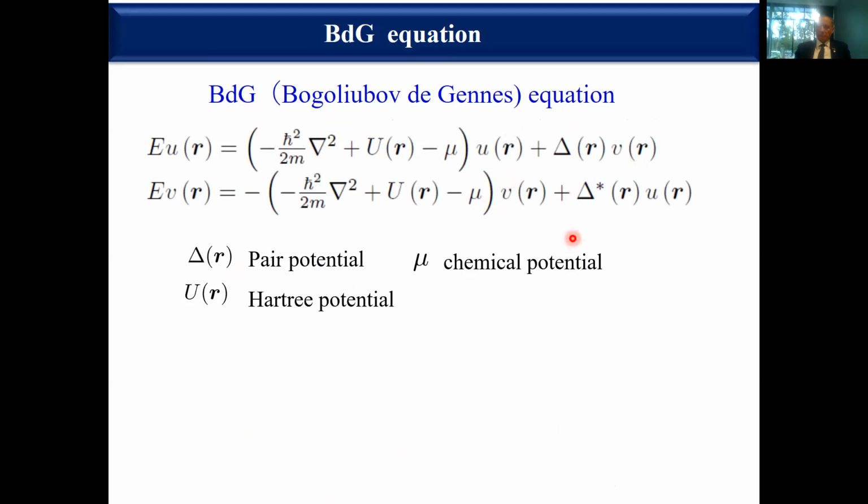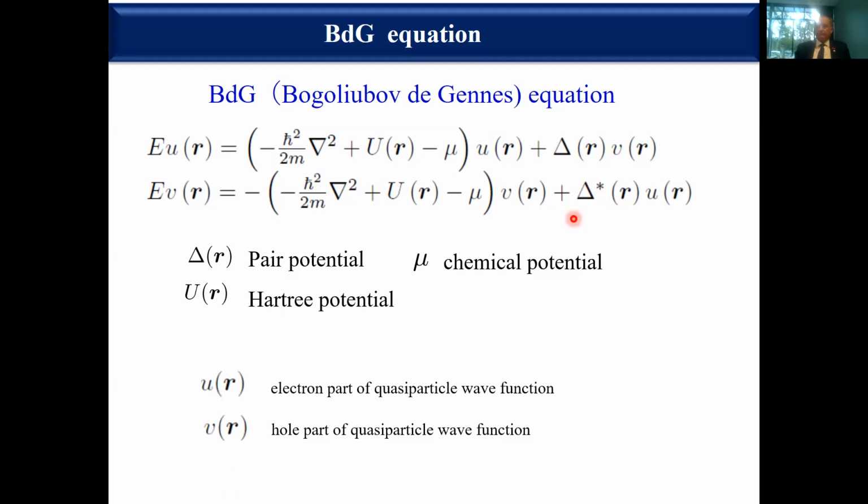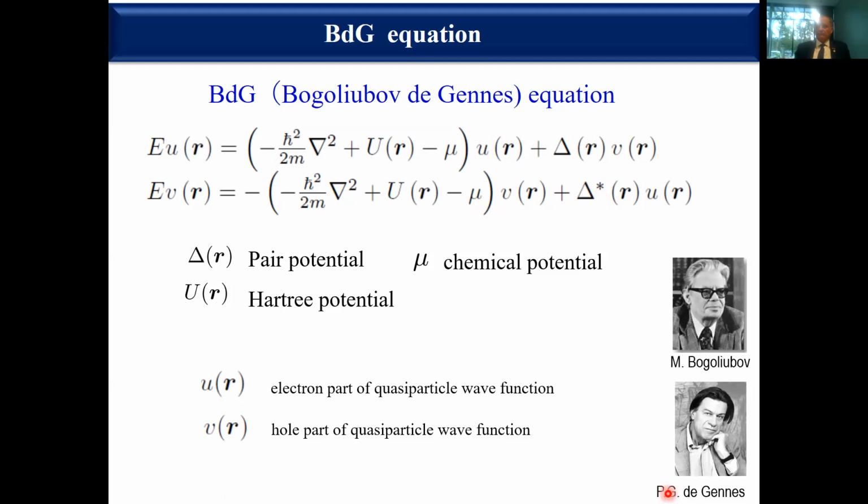This equation is, in some sense, similar to the Schrödinger equation if we forget delta or delta star. And u can be regarded as the electron part of the quasi-particle wave function, and v is the hole part of the quasi-particle wave function. So this is the famous Bogoliubov and de Gennes.